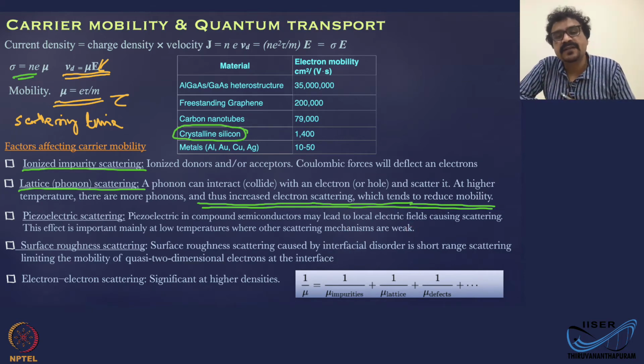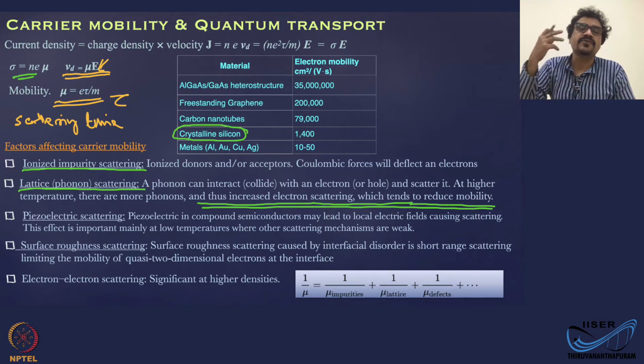This scattering mechanism can be crucial, or can be very bad, at lower temperature, where other scattering mechanisms such as phonon scattering are pretty much absent, because at lower temperature phonons are almost dead.